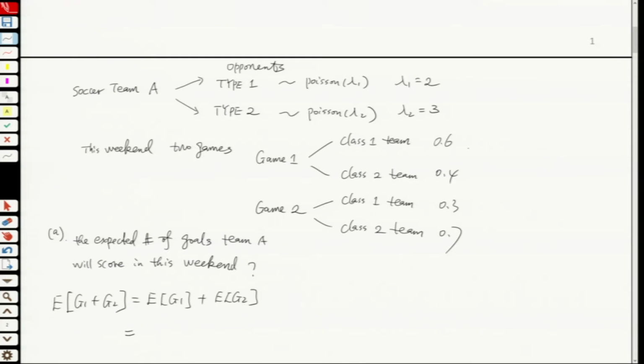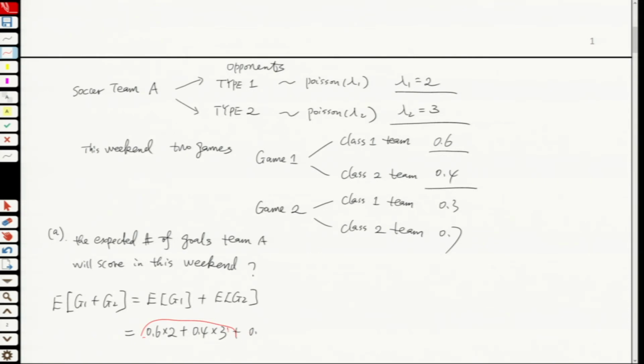So this will equal, given game 1, the expectation for this group, and the mean is 2 and 3. So if it plays with team 1, then we have 2, given the conditional probability, plus 0.4 times 3. This is for game 1 expectation. Why could I not write here?